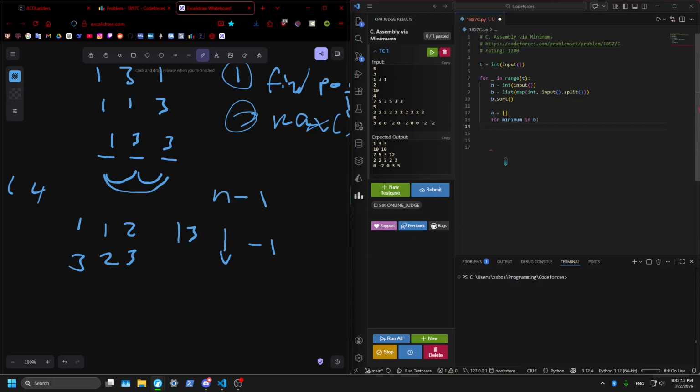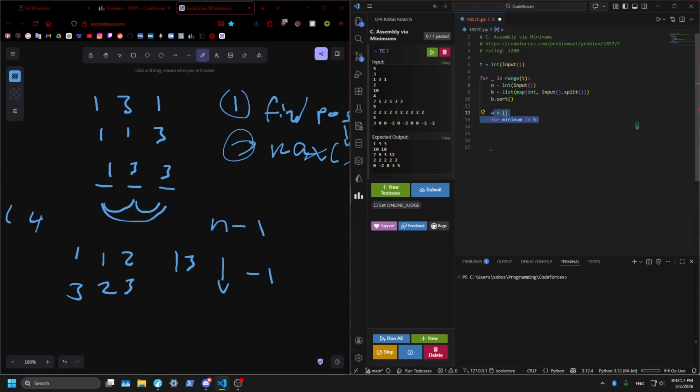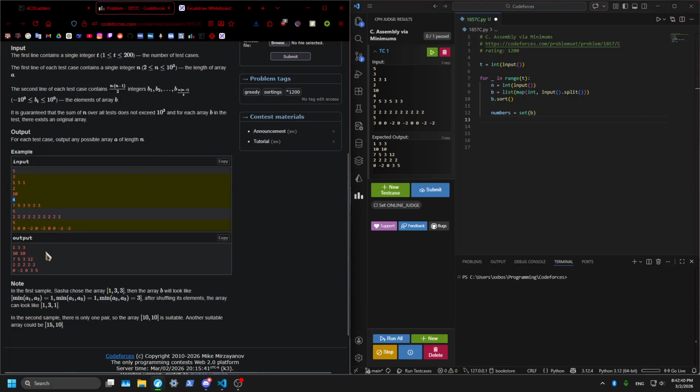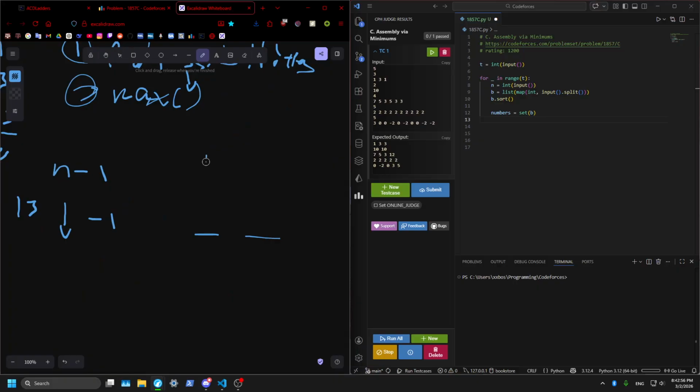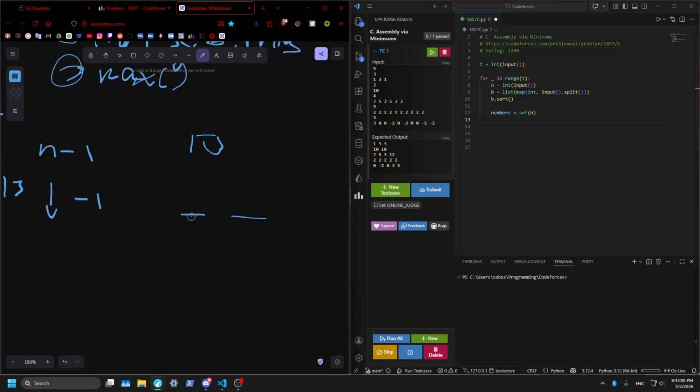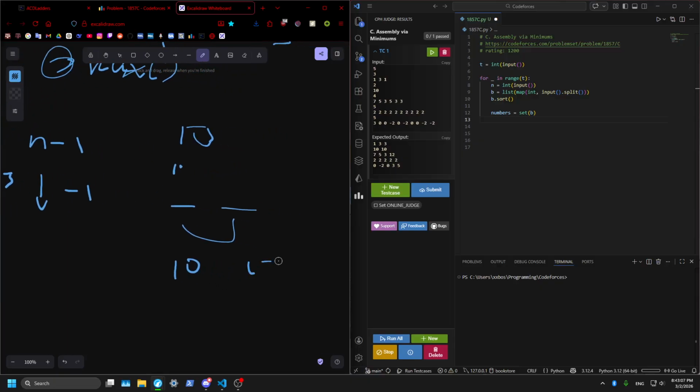Our numbers is the set of B. Length is 2. 10. Min of these. So times be 1 or 2.